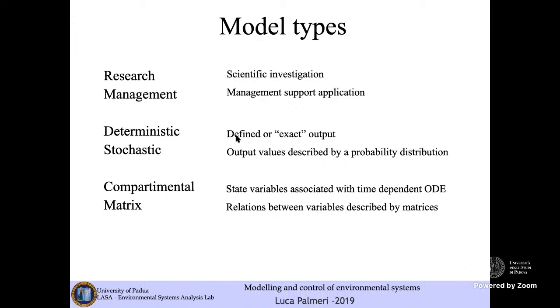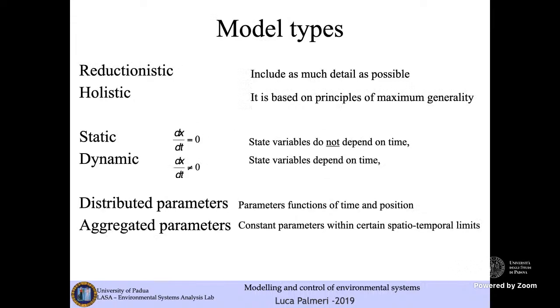In this case, the relationships between the variables may be described by matrices, and by employing these linear algebra tools, we may end up with a quite easy and efficient way to describe complex systems. The relations between the various variables, state variables or external variables, are described by matrices, and we will soon see some examples of this.